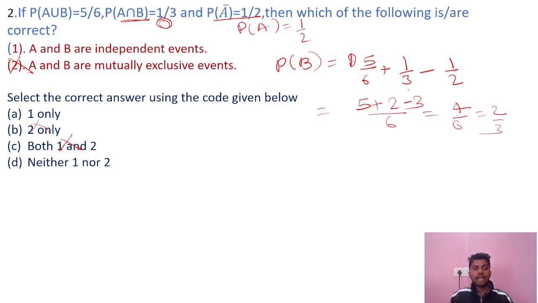As you know, if A and B are independent events, P(A) into P(B) equals P(A intersection B). So 2 by 3 into 1 upon 2 leads to 1 by 3, and it is correct. That is P(A intersection B). So A and B are independent events.